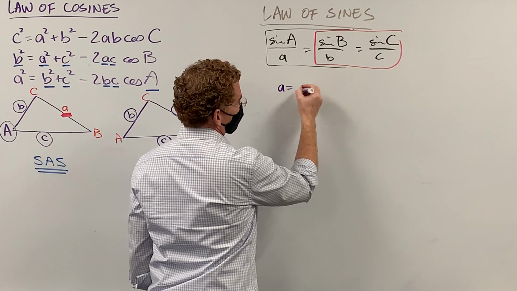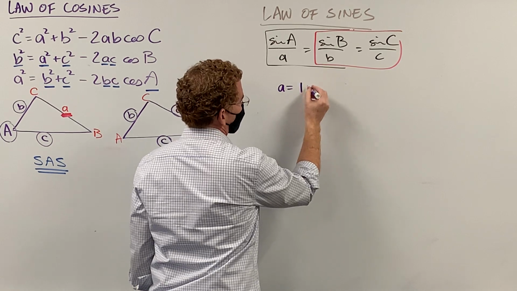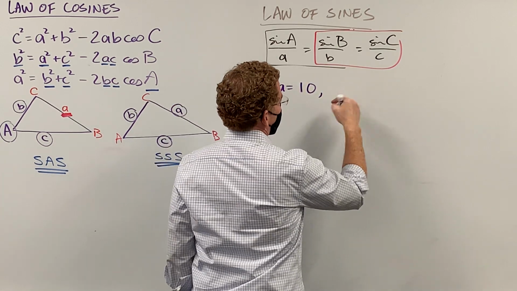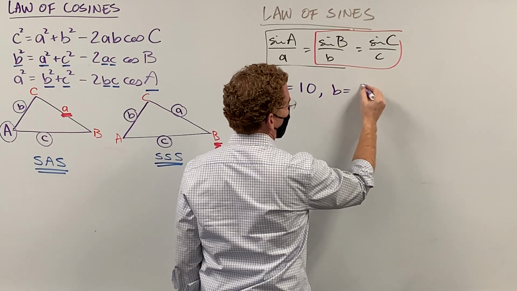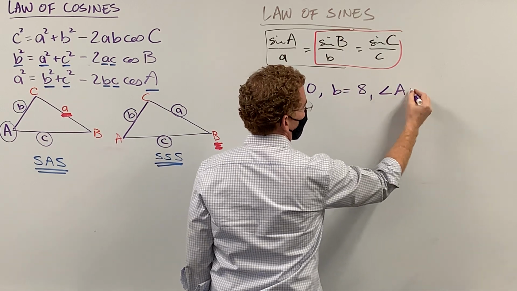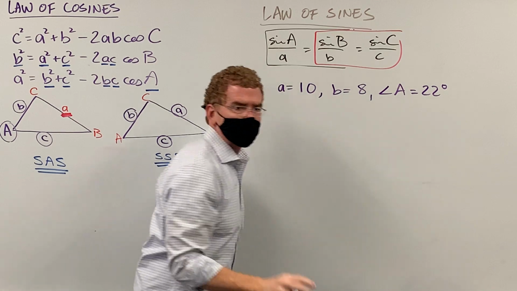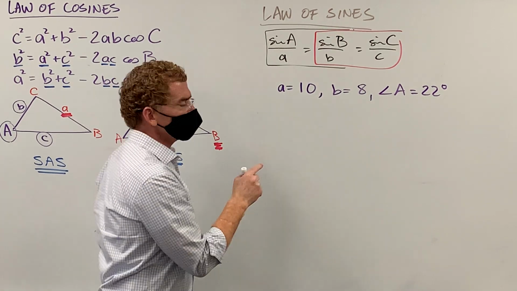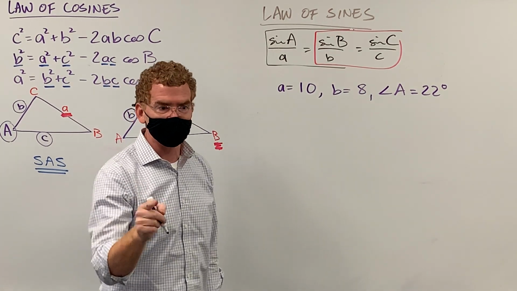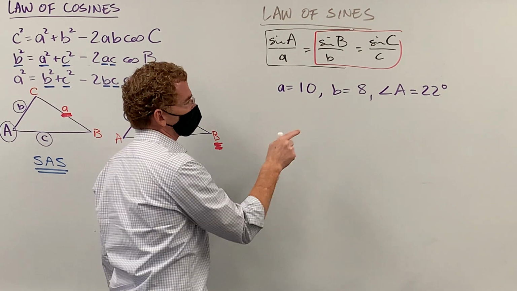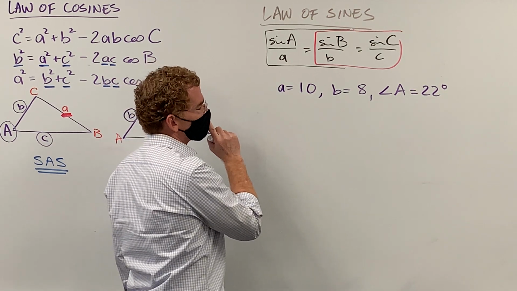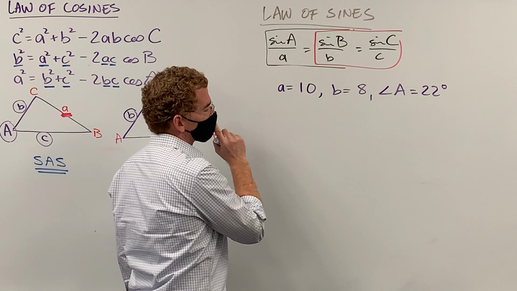Let me say that A is, we'll call it 10, B is 8, and angle A is 22 degrees. So I want to draw a picture of this for you and show you how this is a potential issue for you. Now, real quickly looking at this, I go, wait a minute. Hold on one second.